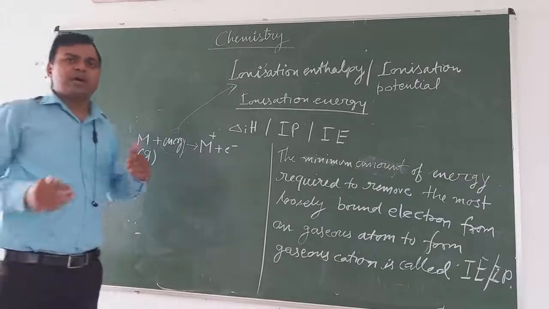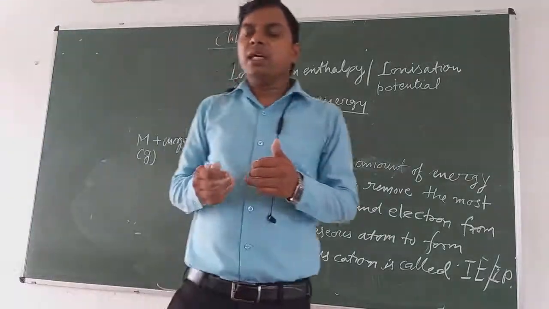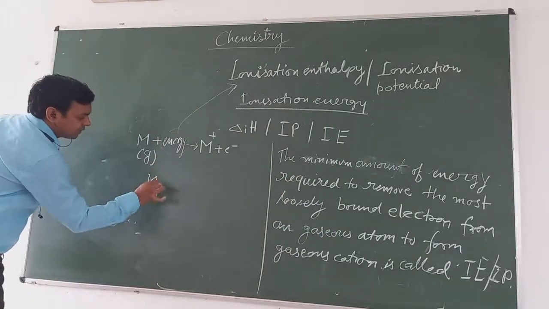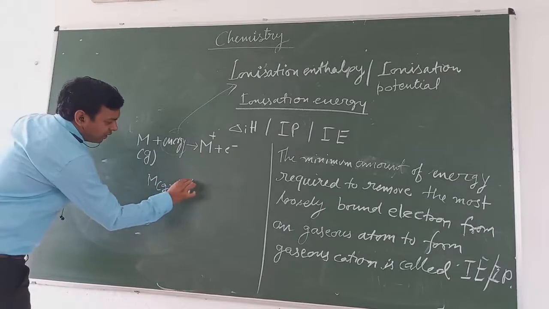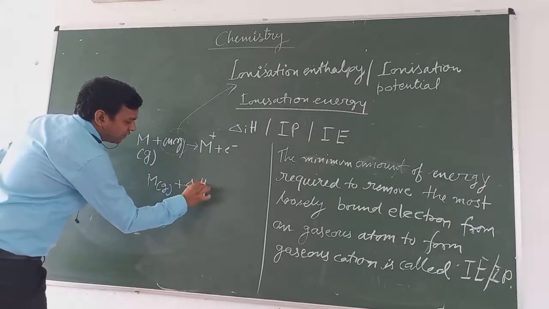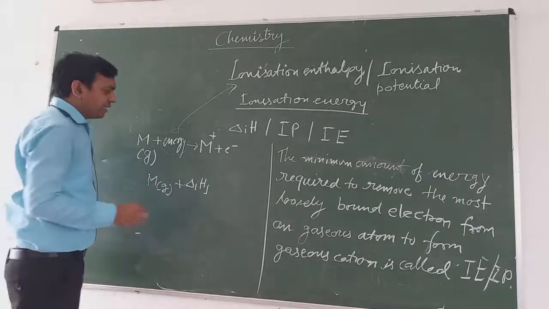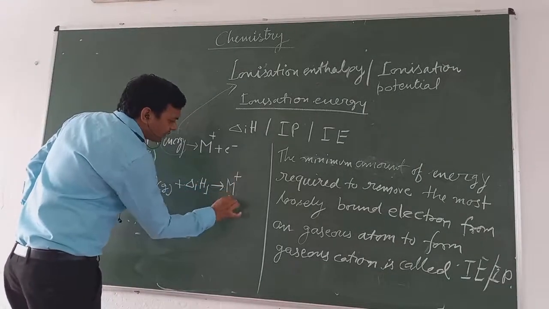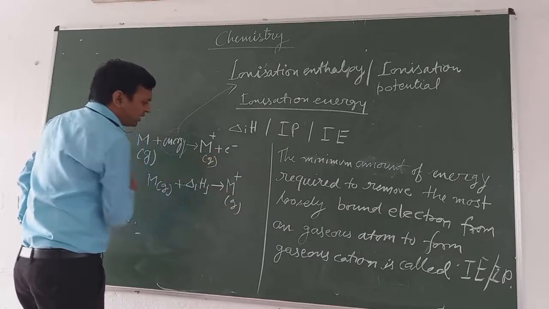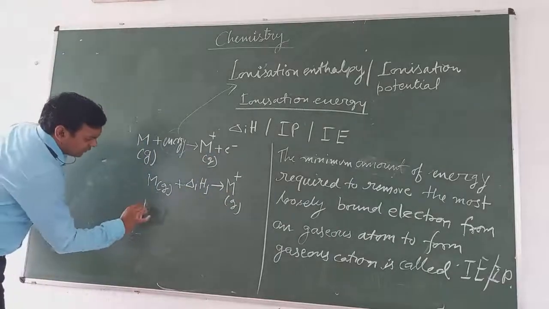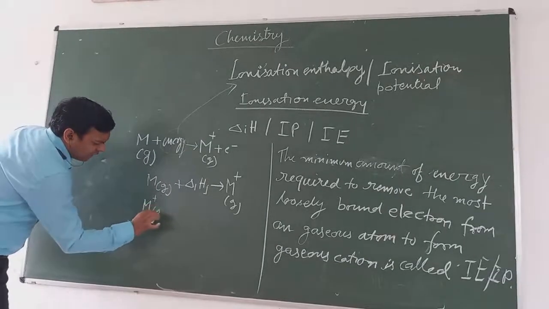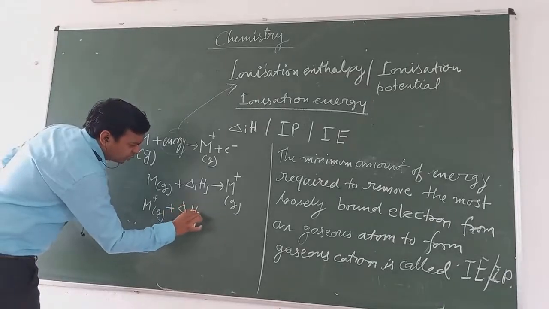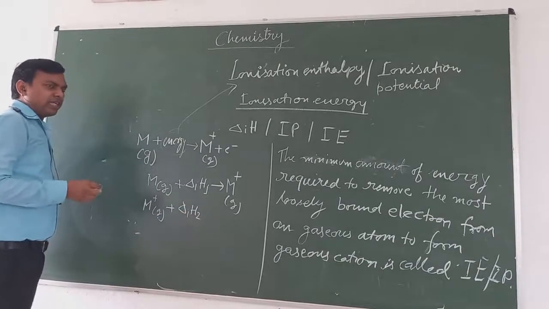Suppose that we remove the first electron. In this case delta I H1 means first ionization enthalpy. Then M plus in the gaseous state is converted to M double plus, and that is delta I H2, the second ionization enthalpy.